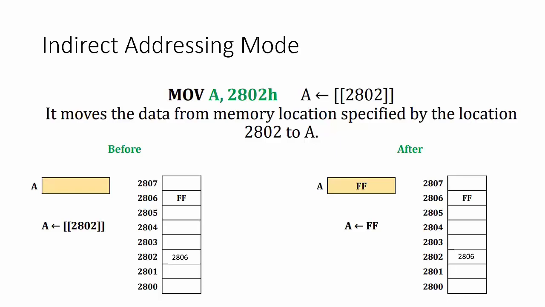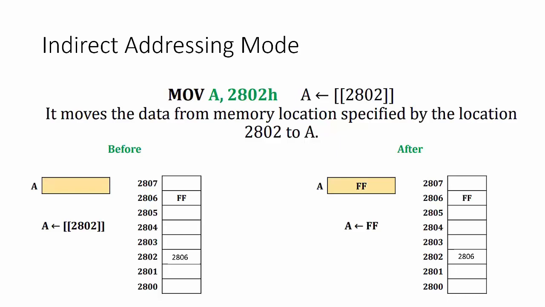Now let's see the after section of the instruction. We can see that the accumulator value has been updated to FF, where the accumulator data has been fetched from the 2806 location, and 2806 is defined at the 2802 memory location.